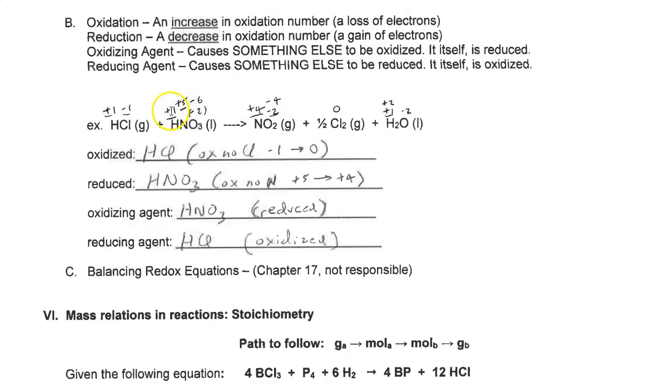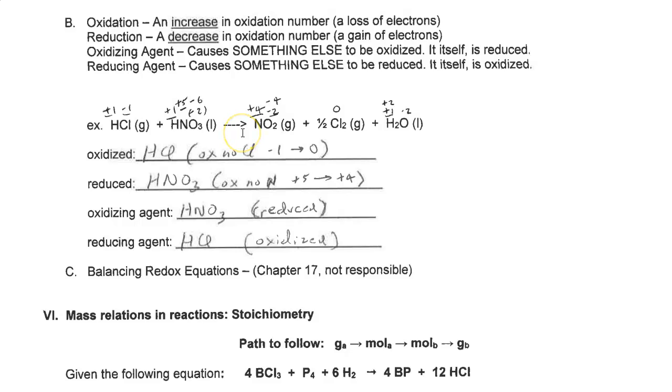Okay? 1 plus something minus 6 has to equal what? 0, because the sum of the oxidation numbers in a neutral molecule has to be 0. 1 plus what minus 6 equals 0? Well, 1 plus 5 minus 6 equals 0. And so therefore this nitrogen is +5.